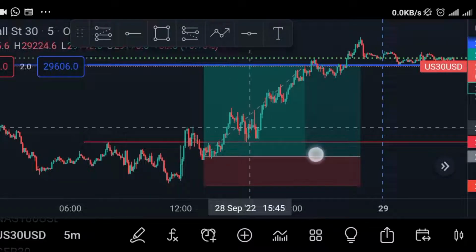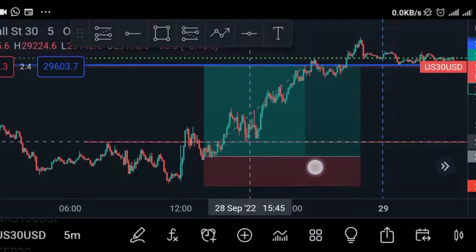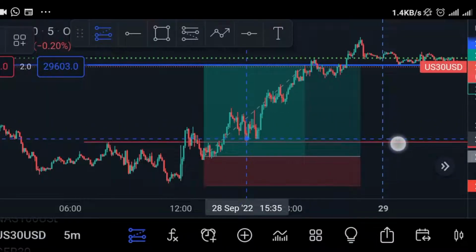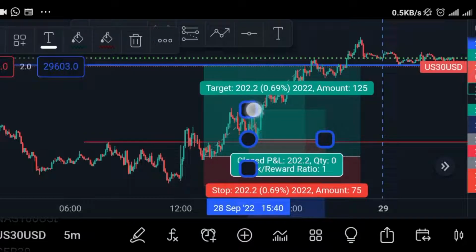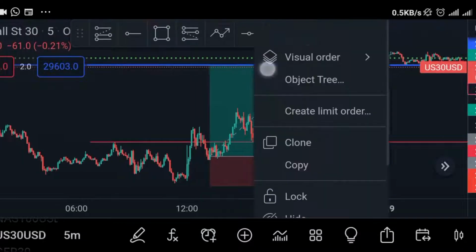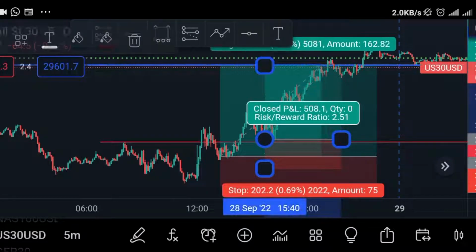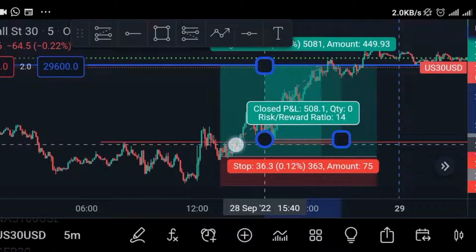Then it made a higher low, and on that higher low it was a new opportunity to scale in. The target is the previous high too, same target as the first trade.